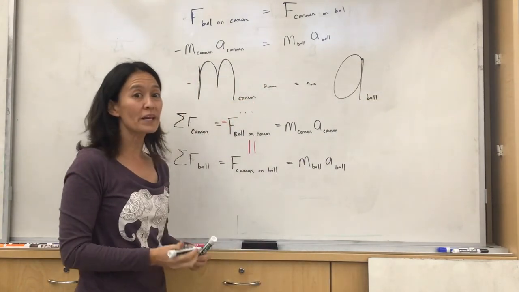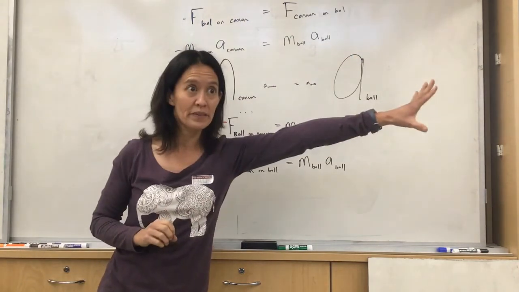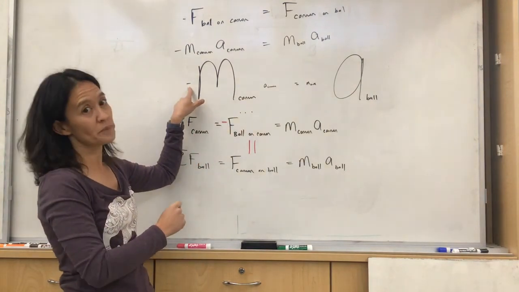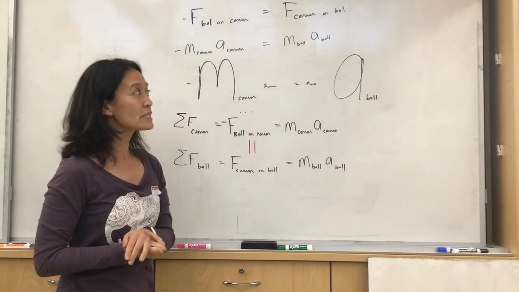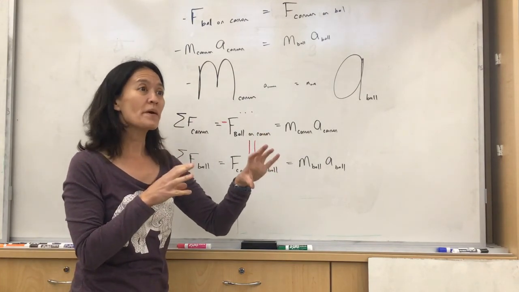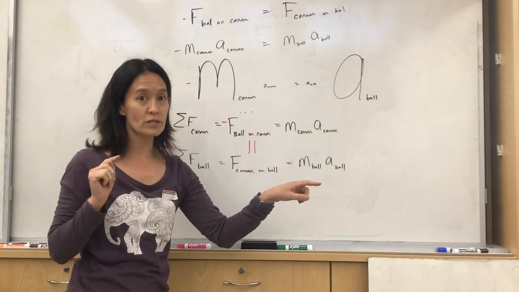And we see this play out. We see that the ball accelerates hugely in that direction, and the cannon moves back a little bit in the opposite direction. Okay? So that's an example of Newton's third law where the forces are equal, but they're acting on different objects in the opposite direction, so the consequences are a little bit different.